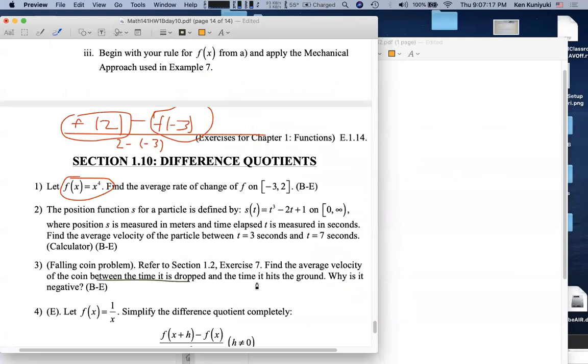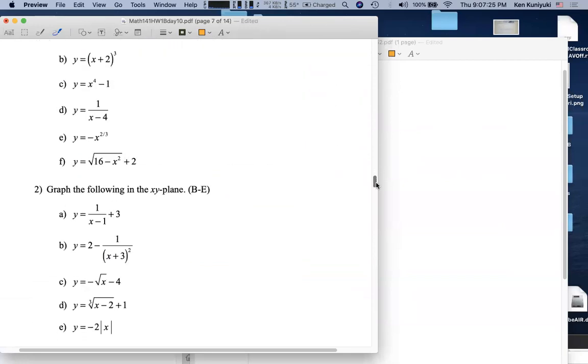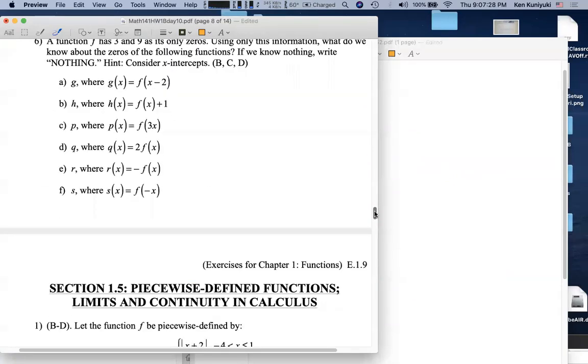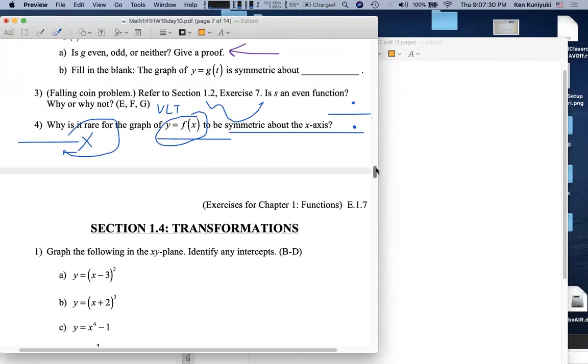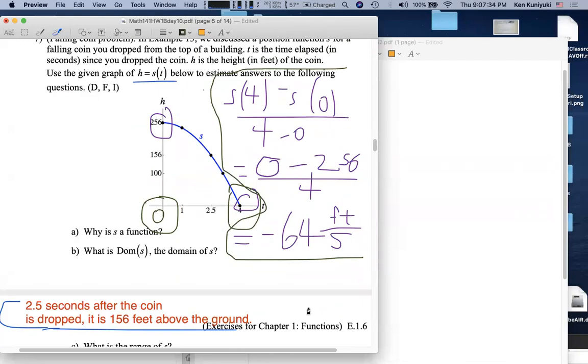Yeah, between 0 seconds and 4 seconds, right? Okay, any questions about that? Any more questions about the average velocity? It's S of B minus S of A all over B minus A. All right, negative 64 feet per second. It's negative because it's sloping downward.